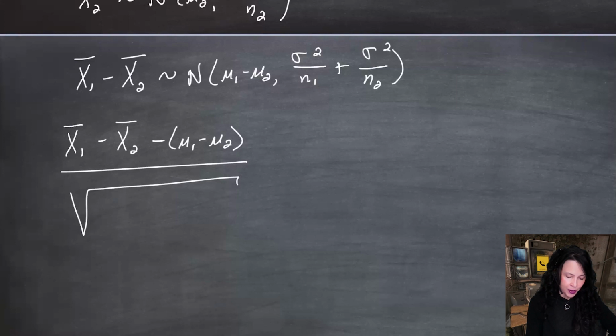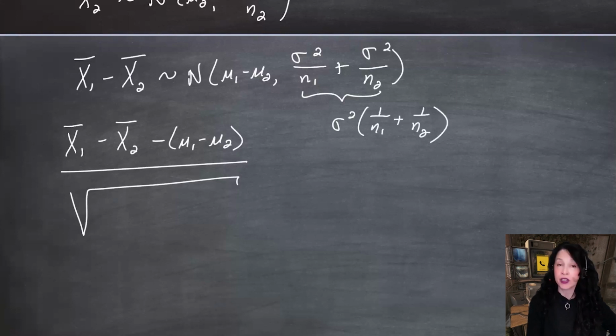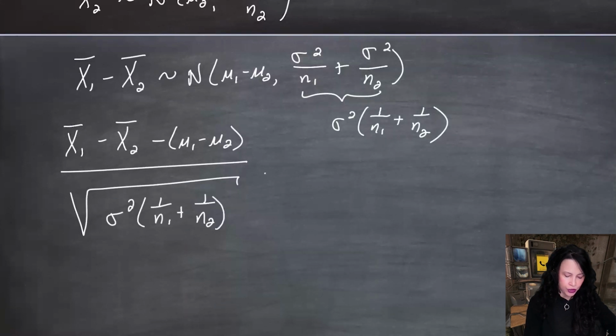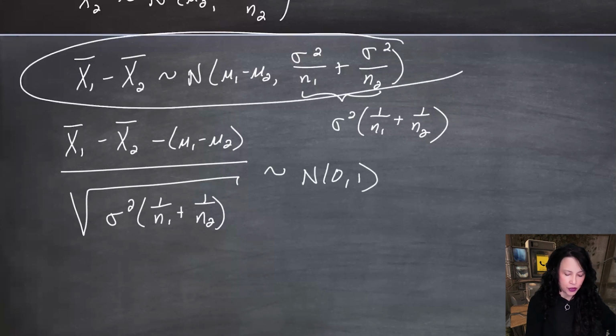I'm going to write this as a single sigma squared times (1 over n1 plus 1 over n2), and that's what I'm going to put under the square root here. So we do know that this is normal 0, 1, because we took something that is truly normal, nothing large sample about it. We subtracted the mean and divided by the square root of the variance, and that's a standard normal.